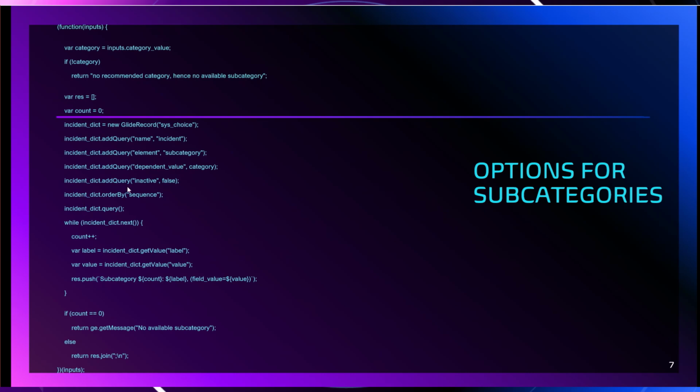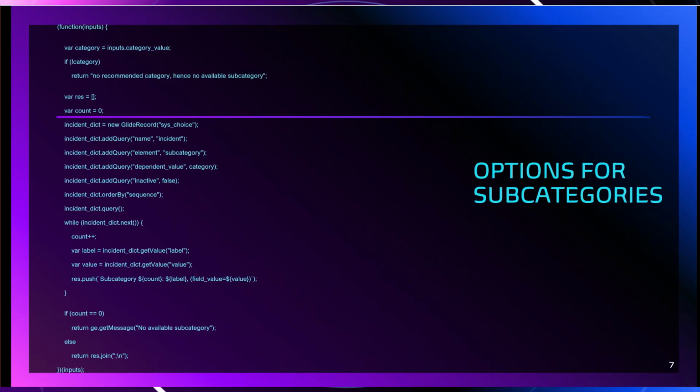If the values exist, we accumulate all the values together. You can see the count starts from 0 and they add it all together. Then you return the value. If it equals 0, that means nothing was returned. Otherwise, we return all the subcategories to the AI LLM models so they can evaluate which subcategory belongs to this instance record.